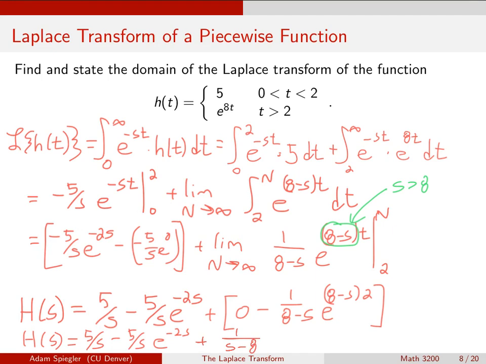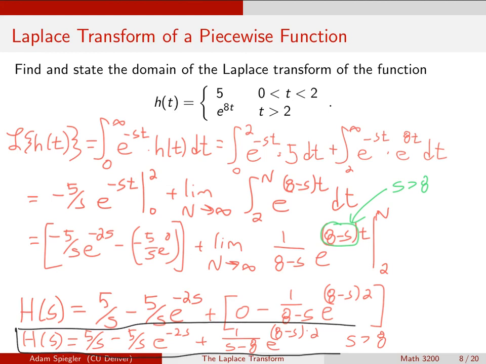Instead, I could write that as plus 1 over s minus 8, all times e to the 8 minus s times 2. So here is an equivalent way of writing this out, and we just want to again make mention here that the domain of this Laplace transform is defined as long as we set s strictly greater than 8.